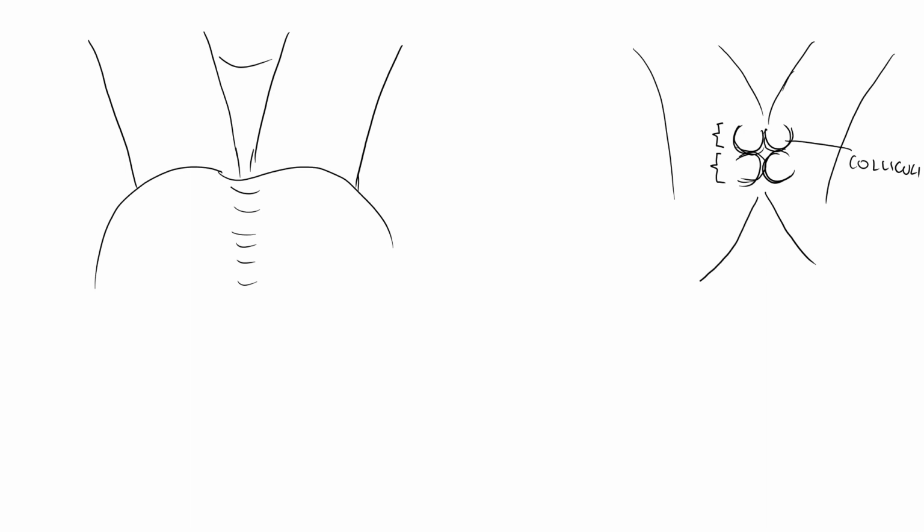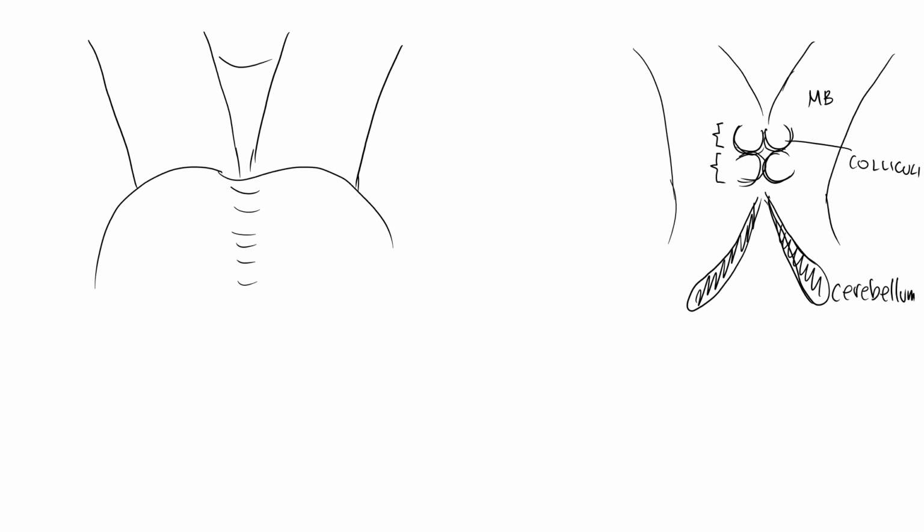And then down here, that's already the start of your rhomboid fossa, part of your fourth ventricle. And these structures here connect the midbrain to your cerebellum.